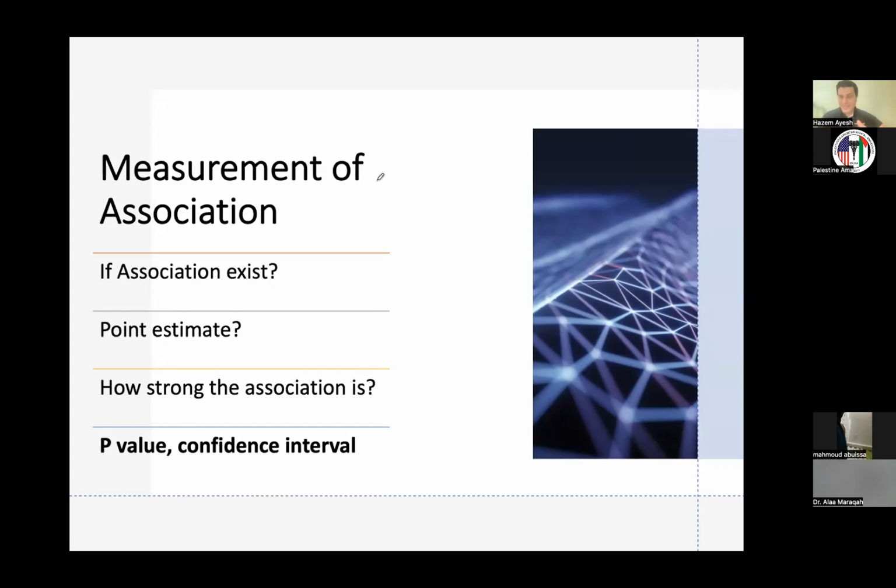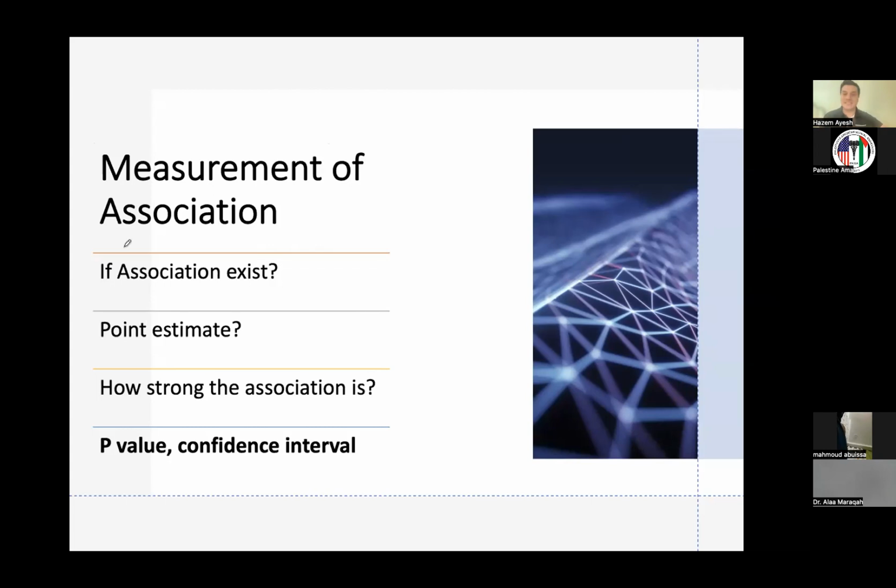So once you have your data, you want to give a number, a quantitative way to tell people that, yes, I have an association, and this association is X. And other people will understand from this X whether it's significant or not. This is what we call the measure of association. We're going to discuss the 3 main ones.